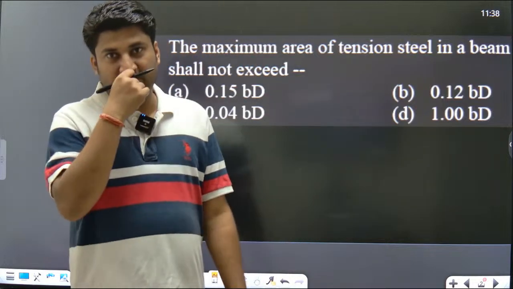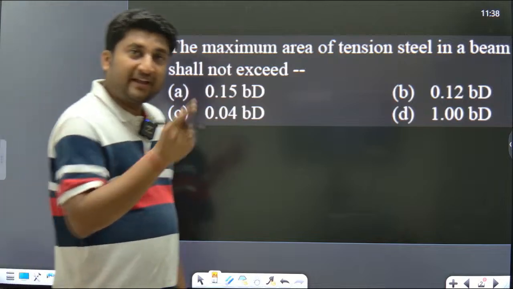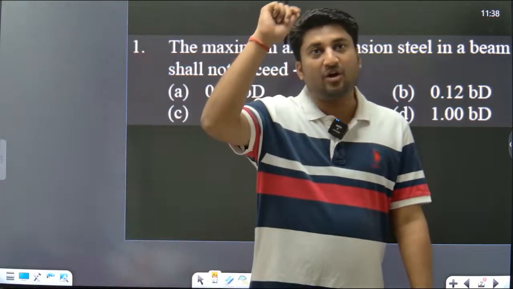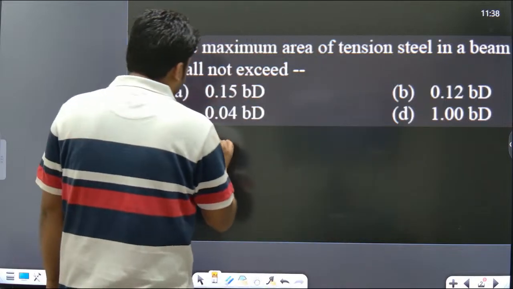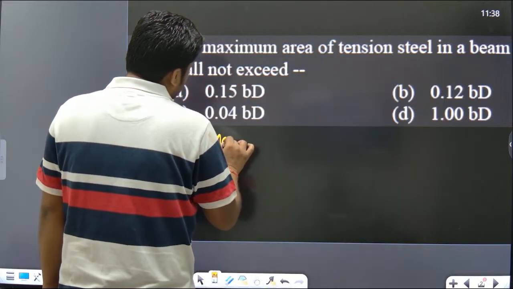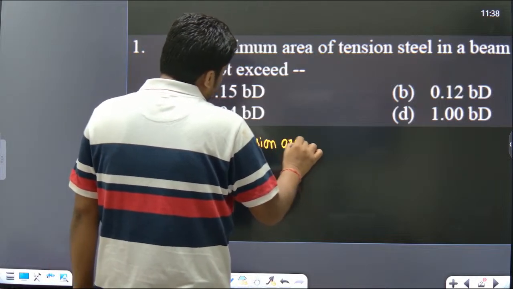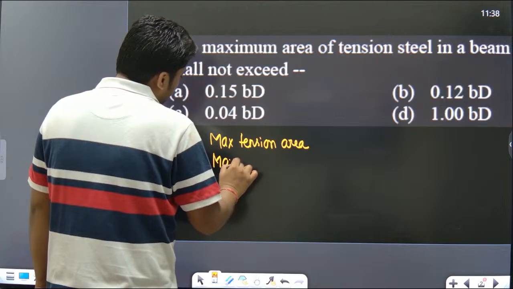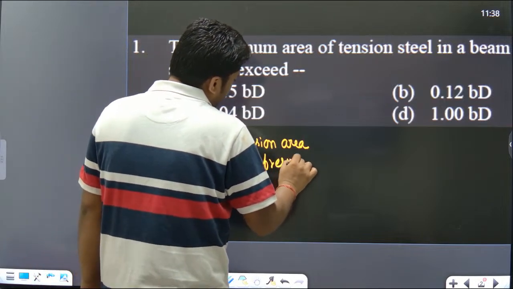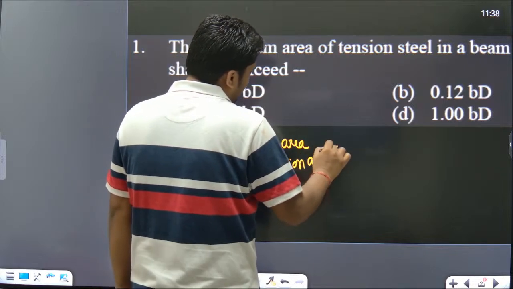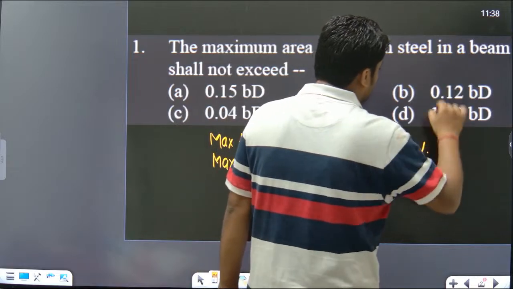Anshu Sood, yes, the correct answer is C. Very good everyone. Now you can see the maximum area of tension steel in beam as well as the maximum area of compression steel in beam, both values are 4% of gross cross-section area.